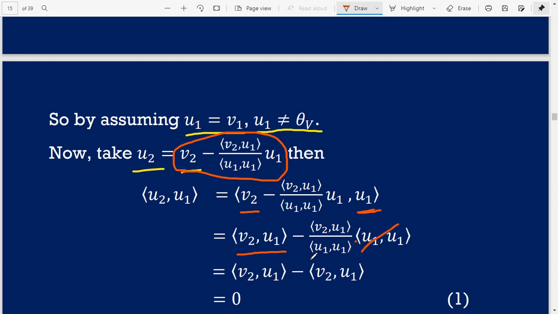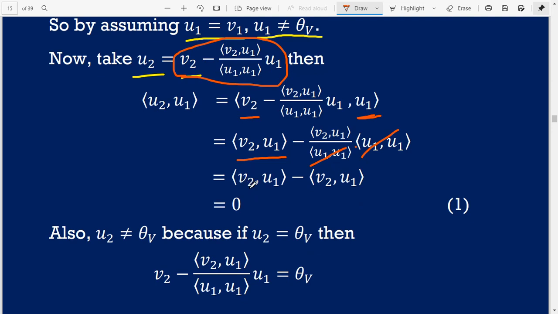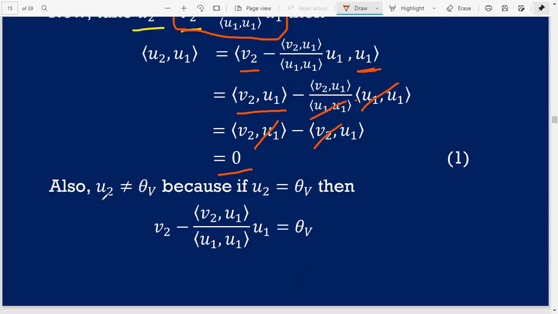So this cancels out. Inner product V2 with U1 minus inner product V2 with U1 cancels out, so this is equal to 0.